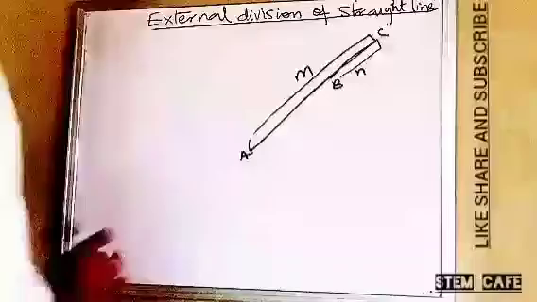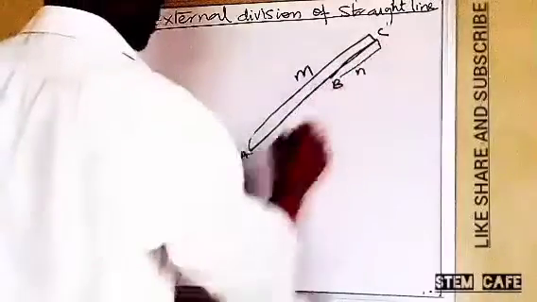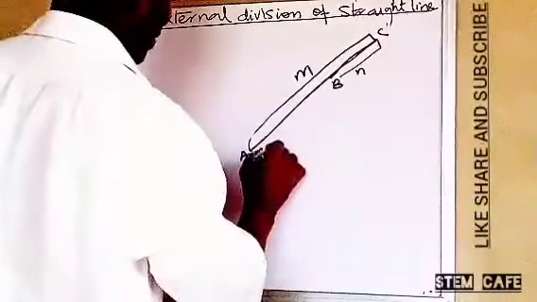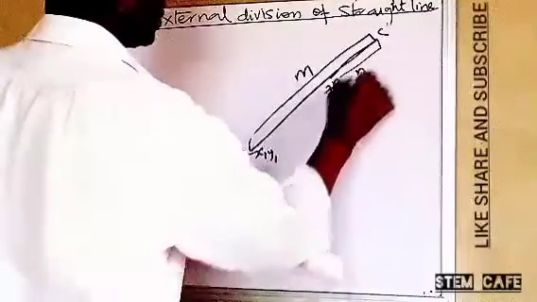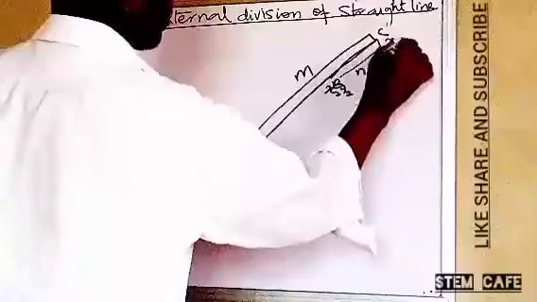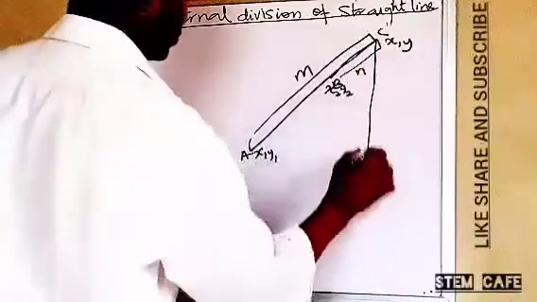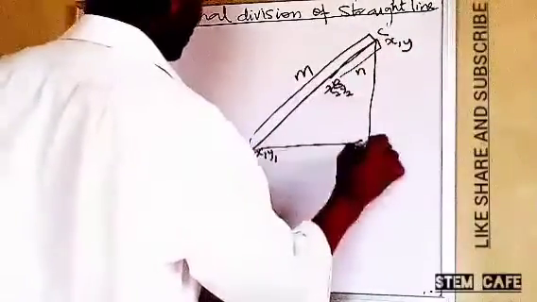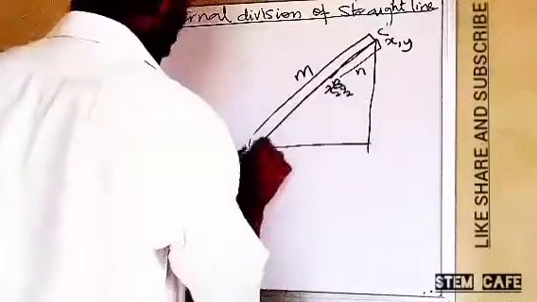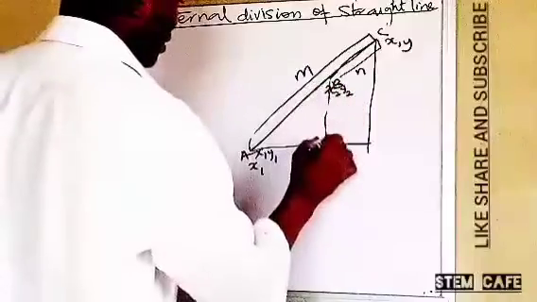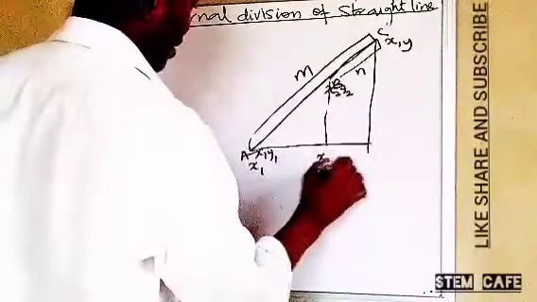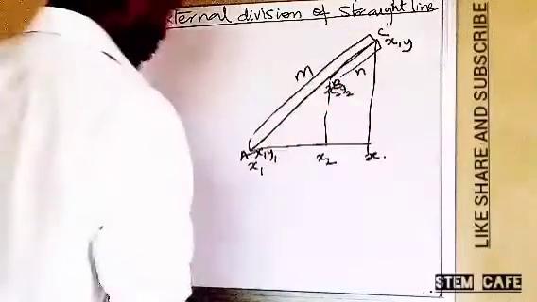Now this place, let's call it x1, y1, x2, y2, and this place will be x, y. On the x-axis, this place will be x1, this place will be x2, and this place will be x, the point of the division.